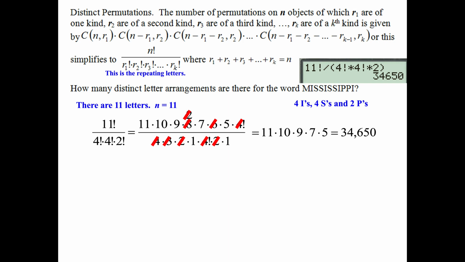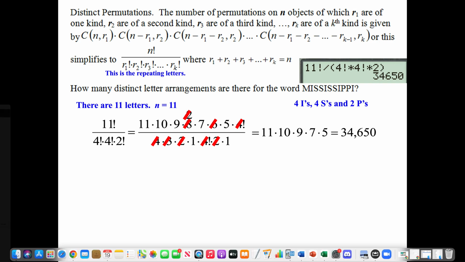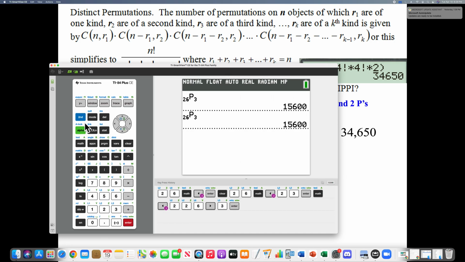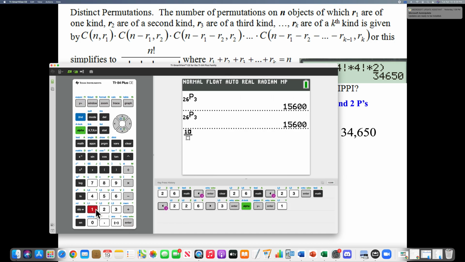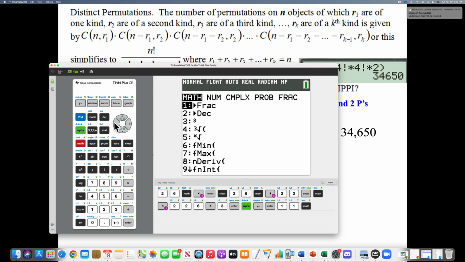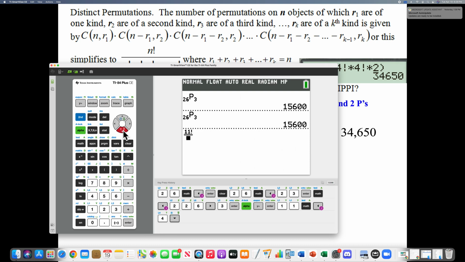If you have an older calculator, 11 factorial divided by, you have to put parentheses around the denominator. All right. If you go to the newer calculator, you can use that alpha command. Alpha y, get your fraction, 11 math, jump over to probability for the factorial symbol, over.